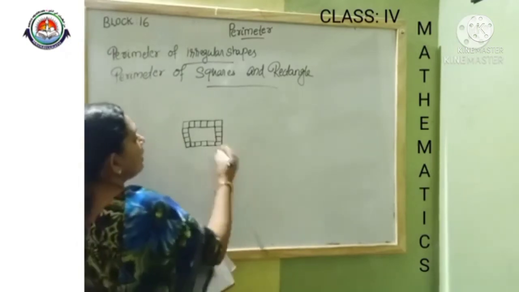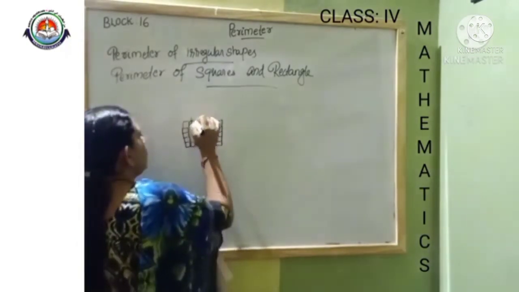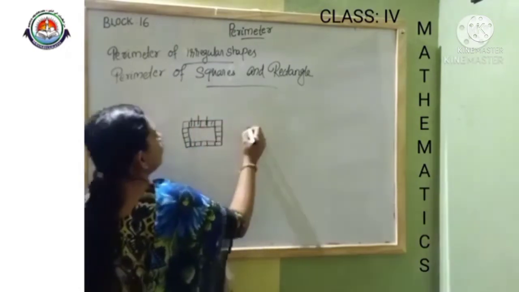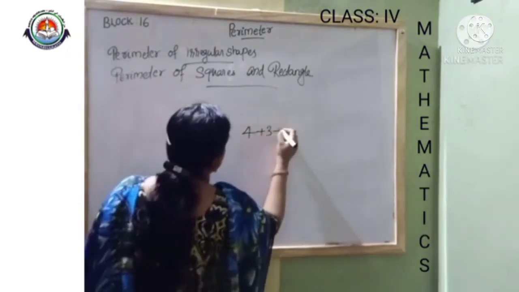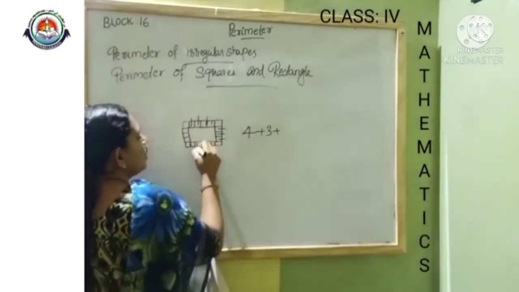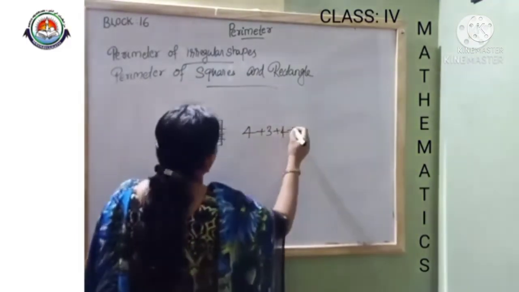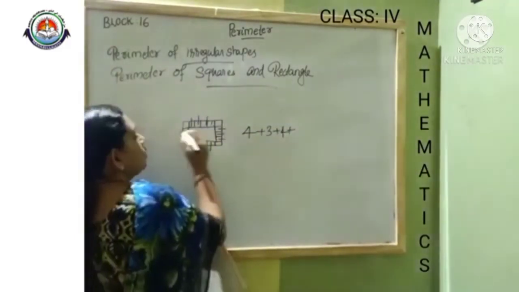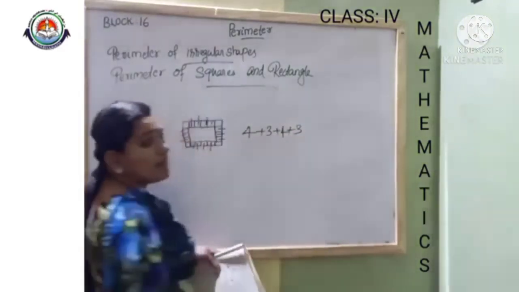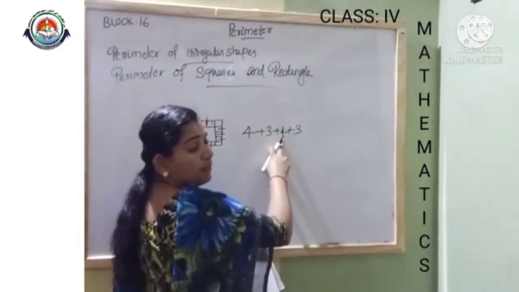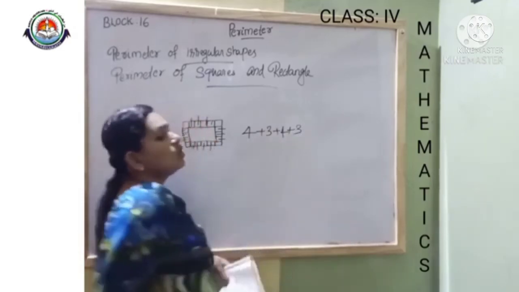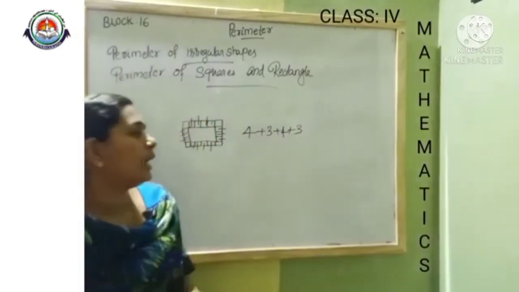Then what is the perimeter here? Here how many squares are there? 1, 2, 3, 4. 4 plus here 1, 2, 3. 3 plus here 1, 2, 3, 4. 4 plus here 1, 2, 3. So what is the perimeter here? 4 plus 3, 7. 7 plus 4, 11. 11 plus 3, 14.